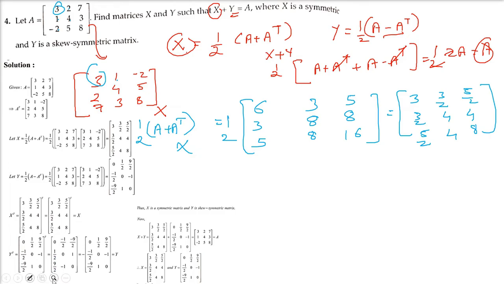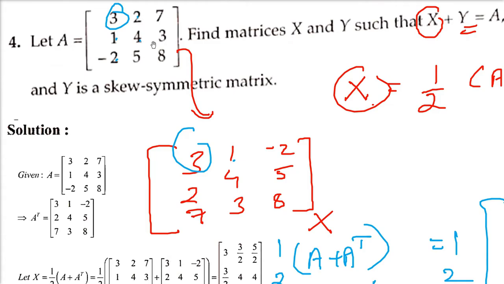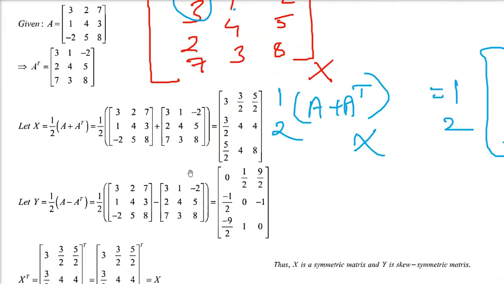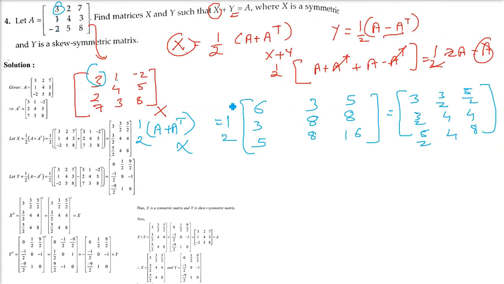And Y, let me show you here only. See, now you have to subtract these two. So I'm subtracting now. These two A and A transpose which we found out. Now you have to subtract. This will come and you have to divide it by 2. Then this will come. So X and Y has come. But the thing is that X has to be symmetric and Y has to be skew symmetric.